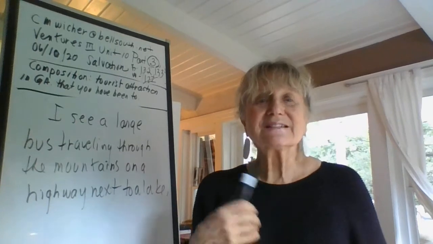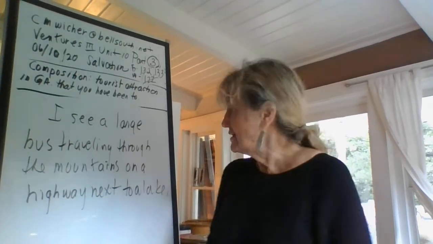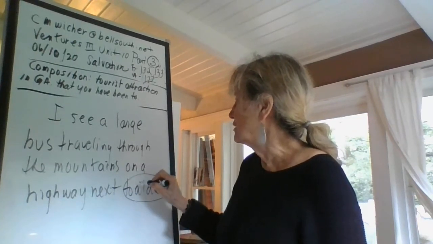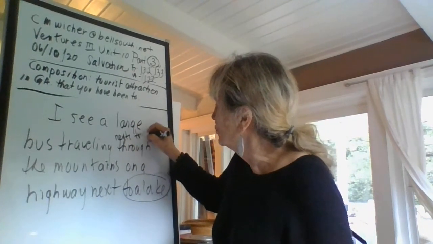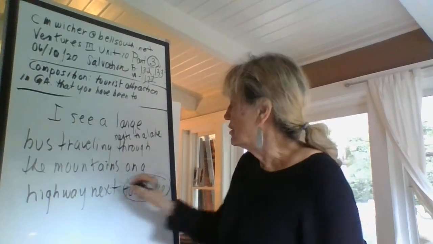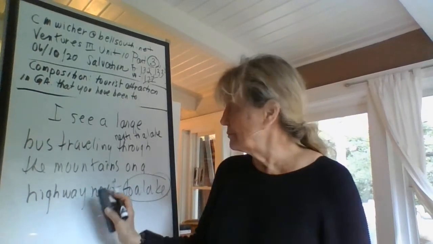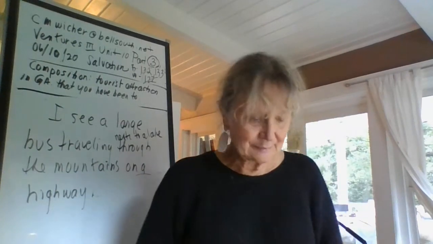I see a bus next to a lake traveling through the mountains on a highway. This actually would be better: I see a bus traveling next to a lake through the mountains on a highway. Either one is fine, but in retrospect, I think this is probably a little bit better.